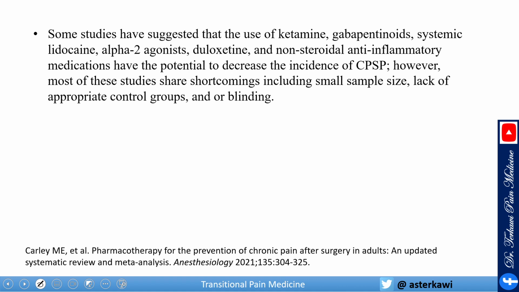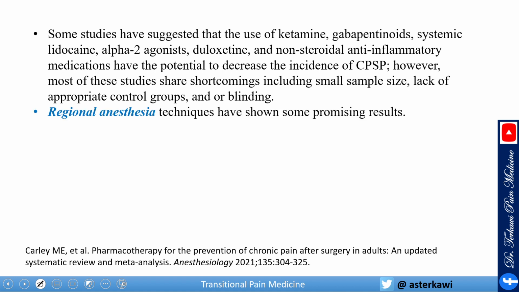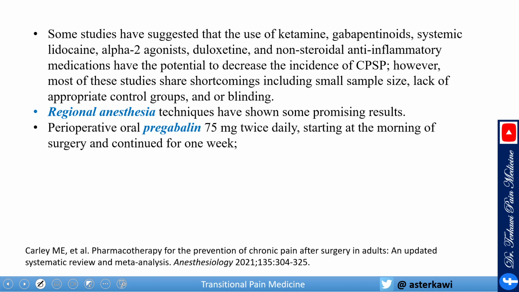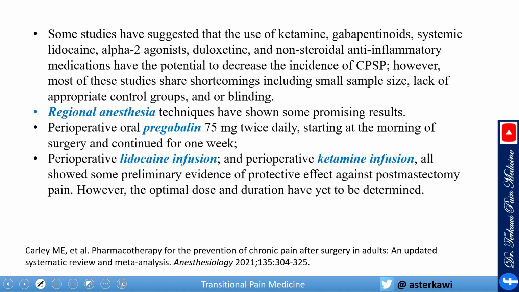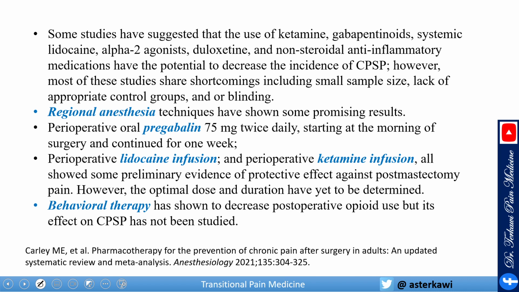There are multiple attempts, and multiple studies showed multiple medications, but overall, these studies have a lot of shortcomings, including small sample size, lack of appropriate control, and blinding. But things that are promising in the literature are regional anesthesia and analgesia, pregabalin, lidocaine infusion, ketamine infusion, and behavioral therapy.